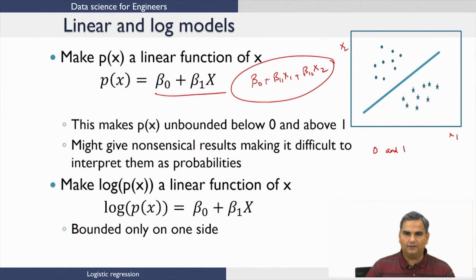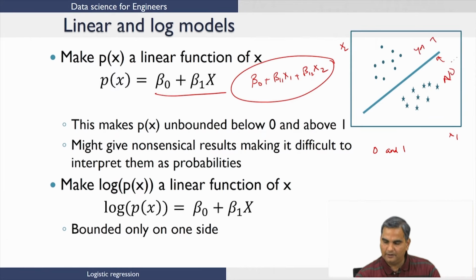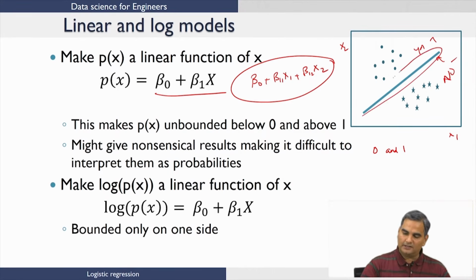So, what we are trying to do here is really, instead of just looking at this decision boundary and then saying yes and no, plus and minus, what we are trying to do is use this equation itself to come up with some probabilistic interpretation. That is the reason why we are still sticking to this equation and trying to see if we can model probabilities as a function of this equation, which is the hyperplane.